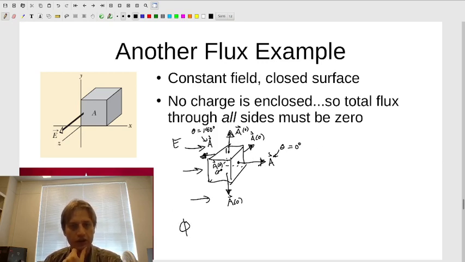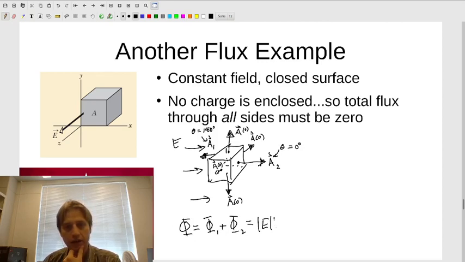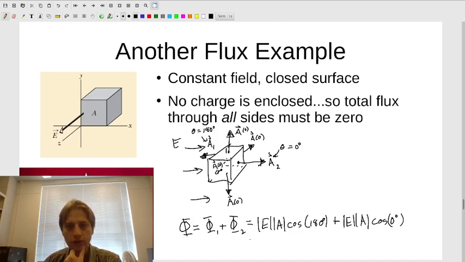So our total flux, let's call this A1 and A2, is going to be the flux from side 1 plus the flux from side 2. And so in this case it would be E times A times cosine of 180 plus E times A times cosine of 0 degrees.